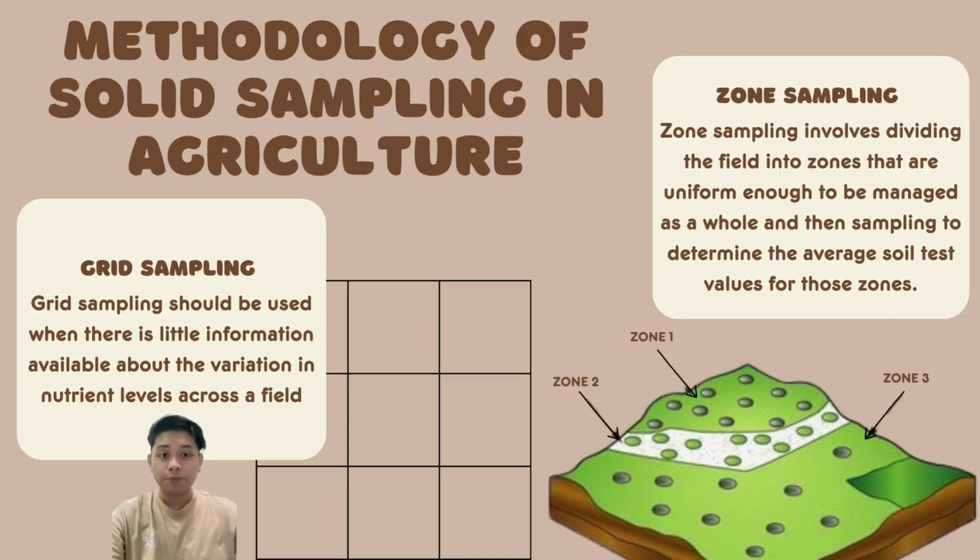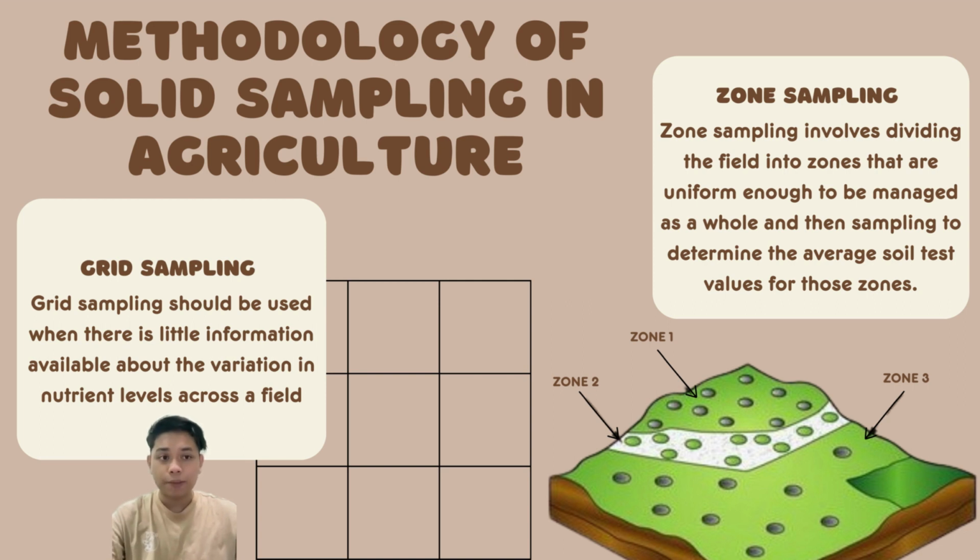Now, I will explain the methodology of sampling in agriculture. The first one is grid sampling. Grid sampling should be used when there is little information available about the variation in nutrient level across a field. Grid sampling may be useful in fields where variability is expected but the field history is not well known, topography is uniform but differences in soil type occur, or varied management patterns have been used in the past or many applications have occurred.